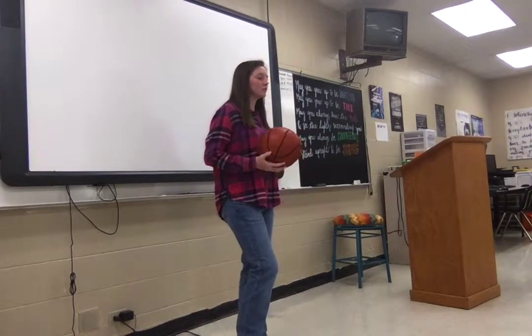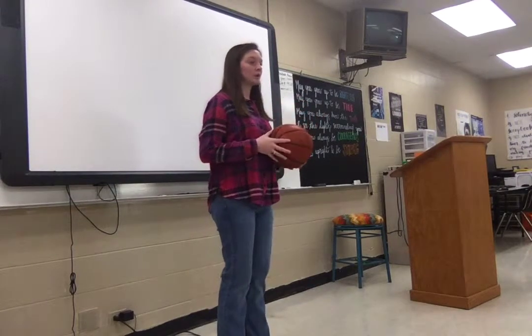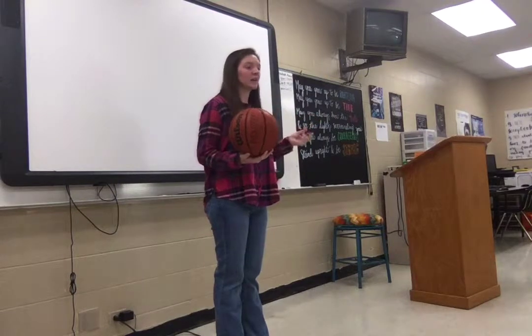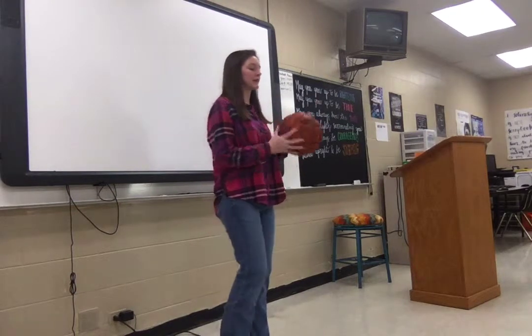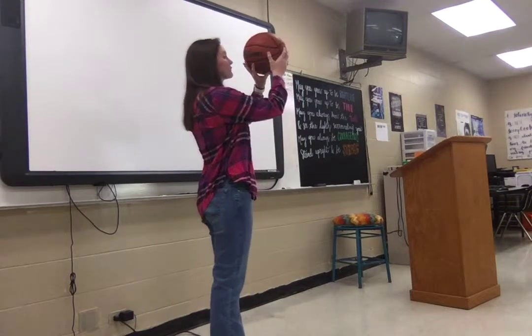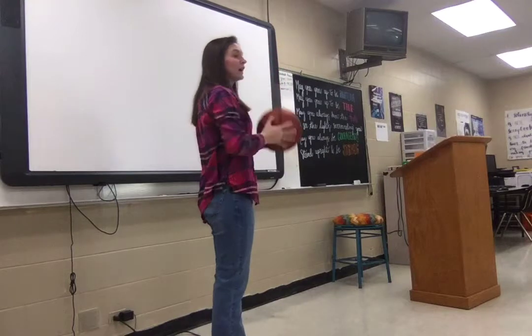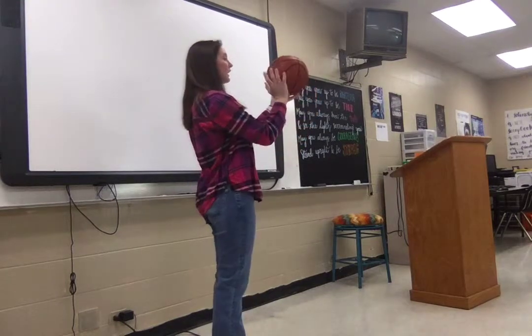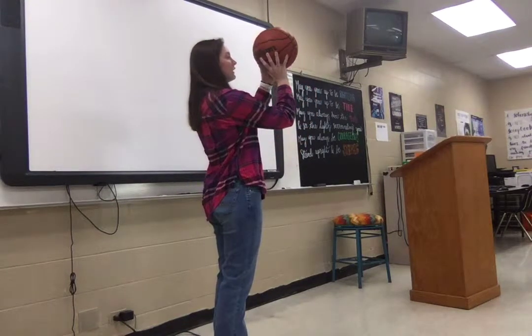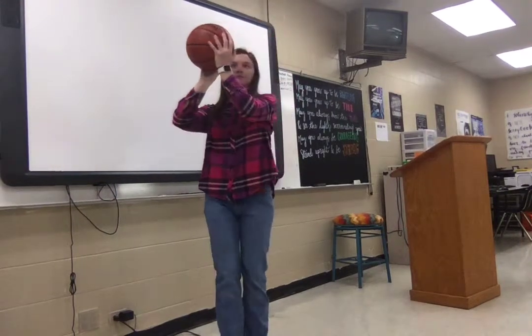And you shoot the basketball. If you're left-hand dominant, you're typically left-handed, so your left hand will go on the bottom of the ball just like this, and then your right hand will go on the side. If you're right-hand dominant, your right hand will go right here, and your left hand will go on the side of the ball, like this.